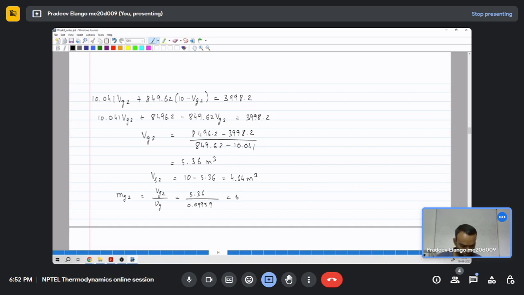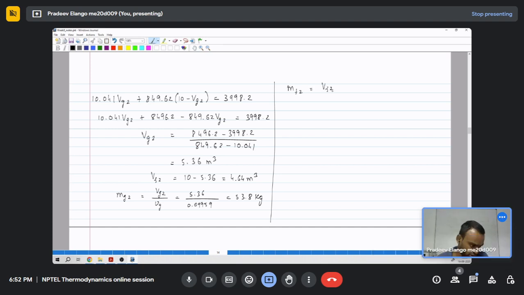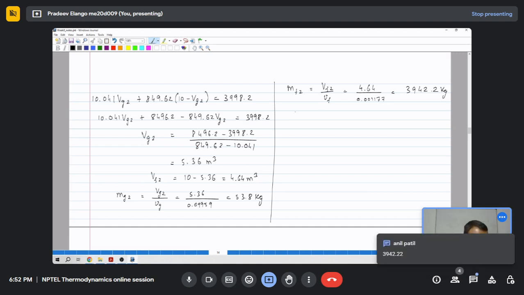So this is 53.8 kilogram. And similarly mf2 is Vf2 by specific volume of the fluid, that is 4.64 divided by 0.001177. That is 3942.2 kilogram.